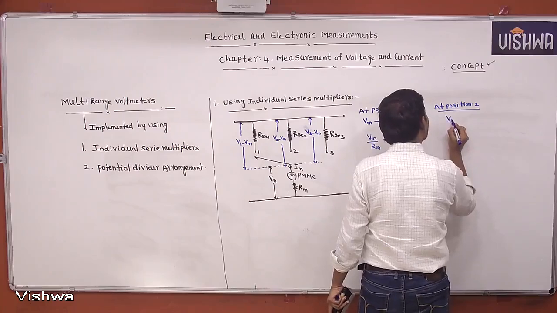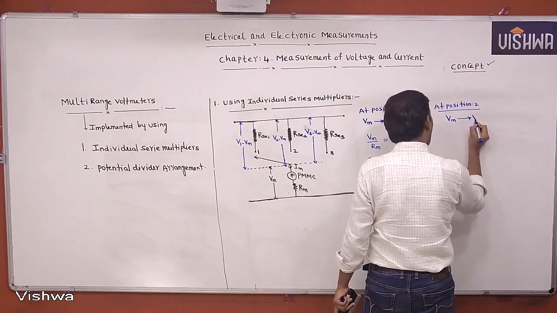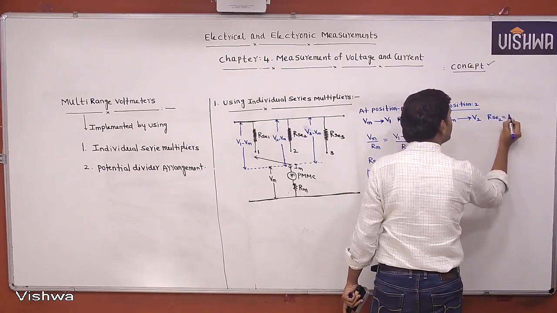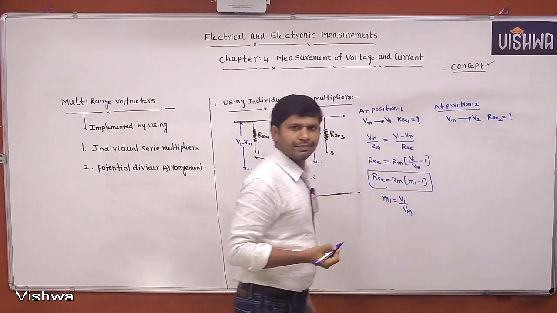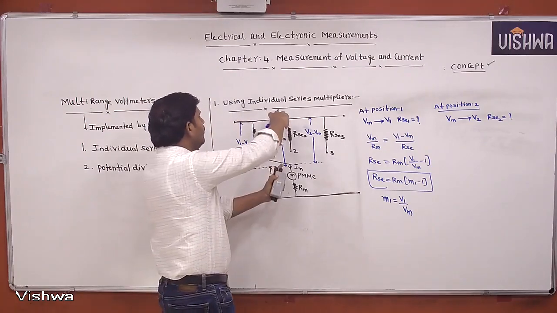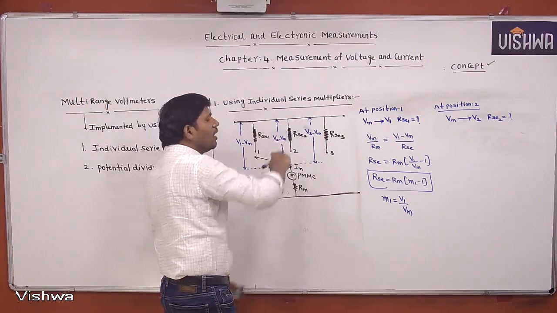We can extend the range from Vm to V2 by connecting RSC2. Then apply series branch. Here V2 minus Vm, this is Vm. How to write current?